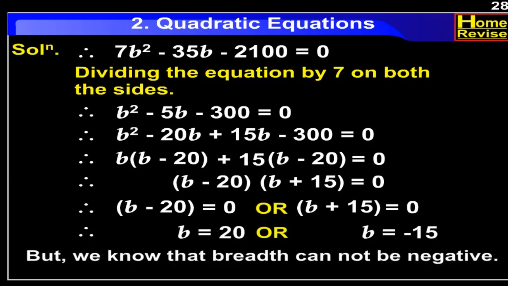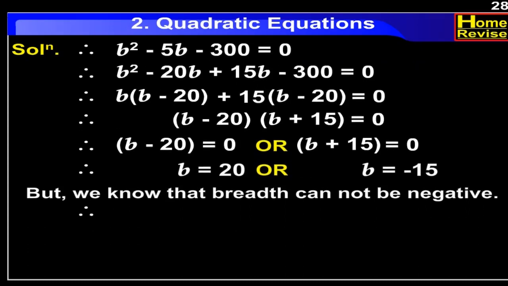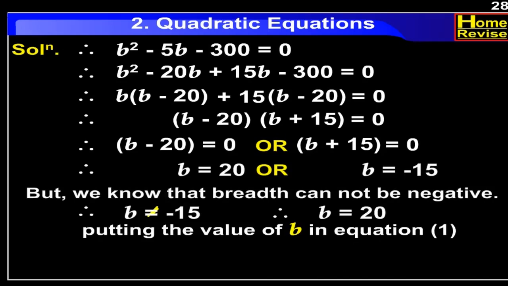But we know that breadth can never be negative. Hence, B is not equal to minus 15. Therefore, B is equal to 20 meters. Putting the value of B in equation 1, we get 20L is equal to 420.